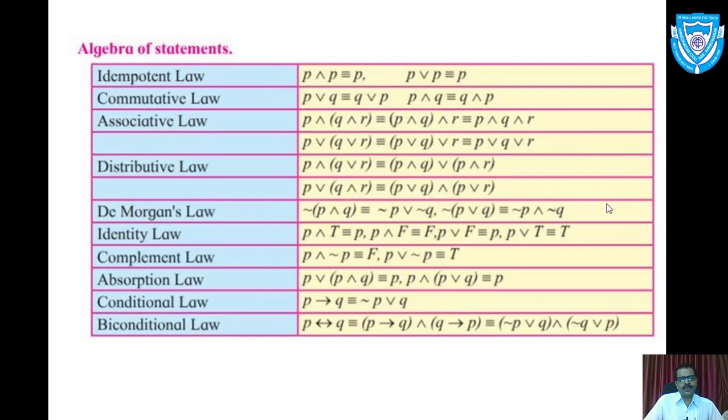Now the associative law. The associative law tells us how to take the conjunction or disjunction of three statements at a time.